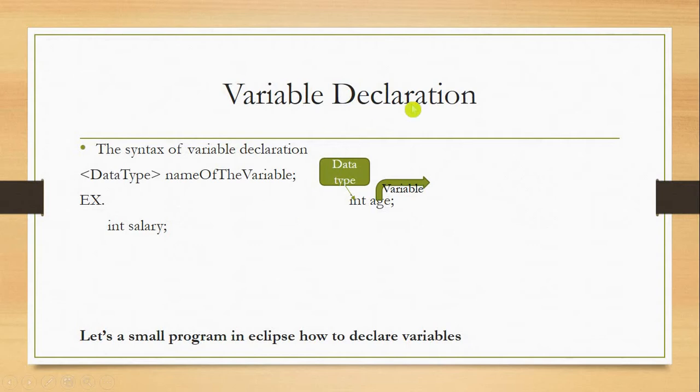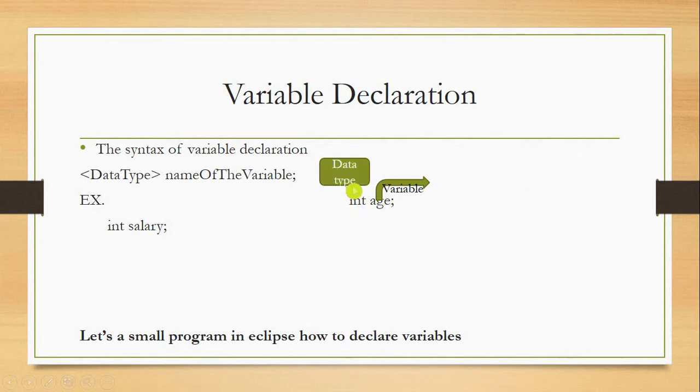Variable declaration. The general syntax of variable declaration goes like this: data type, and the name of the variable, and a semicolon. Every normal statement in Java ends with a semicolon. Example, int age, semicolon.